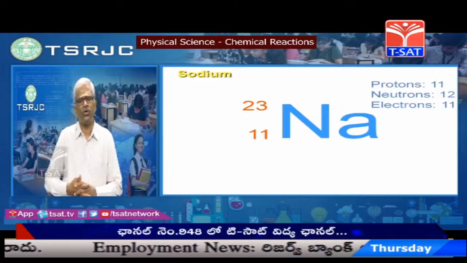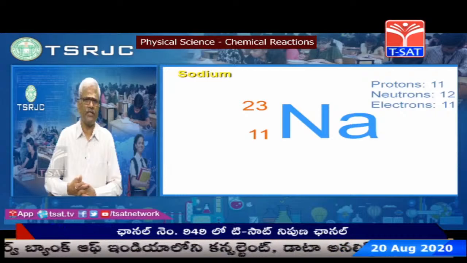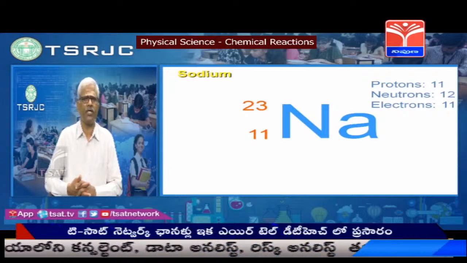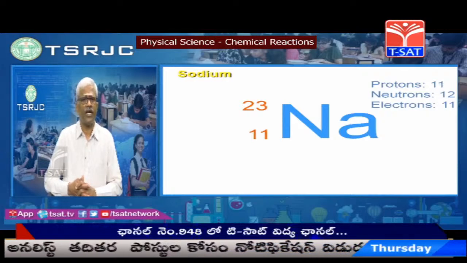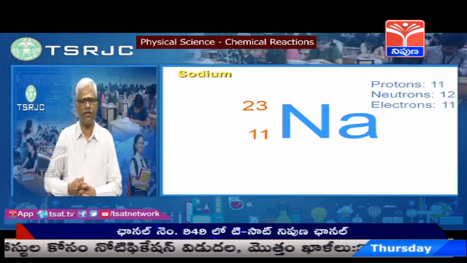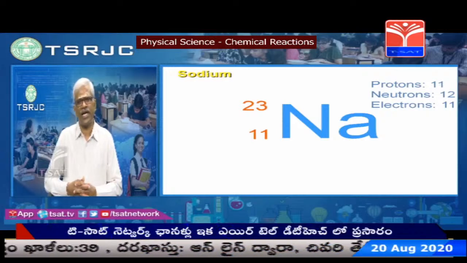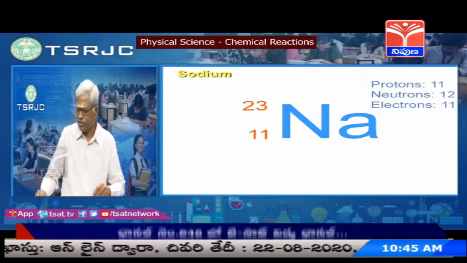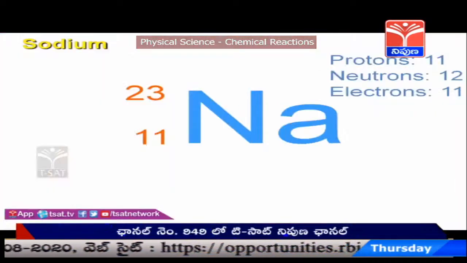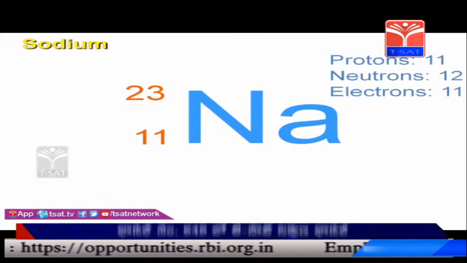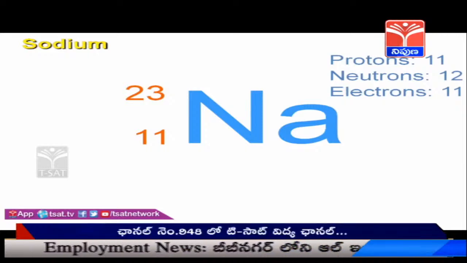So far we know only 114 elements. The last, highest atomic number element will possess only 114 electrons. It is much less than the mass of a proton. So, we will not consider the mass of electrons while calculating the mass of any atom.